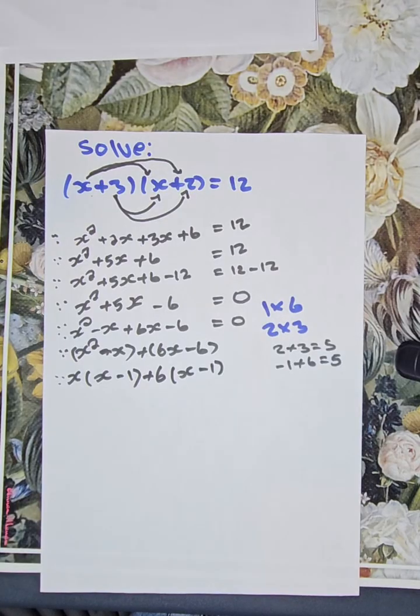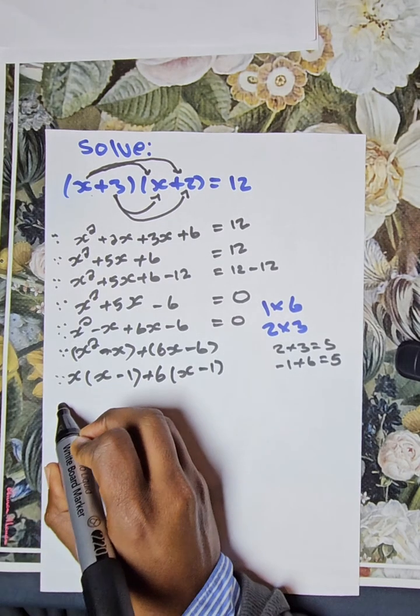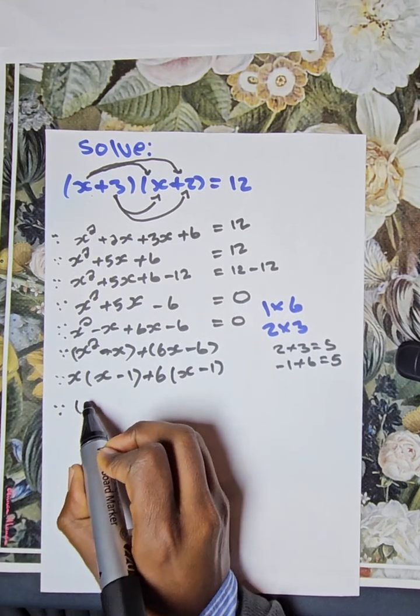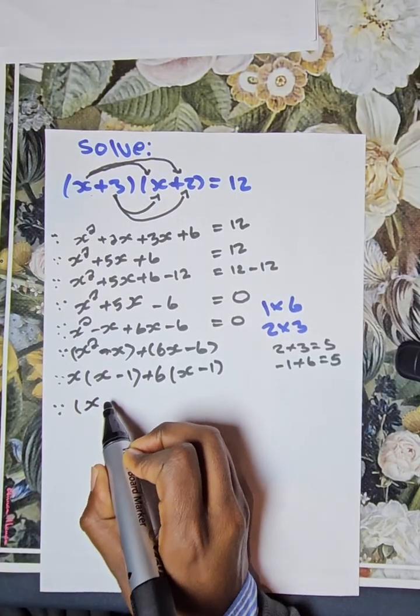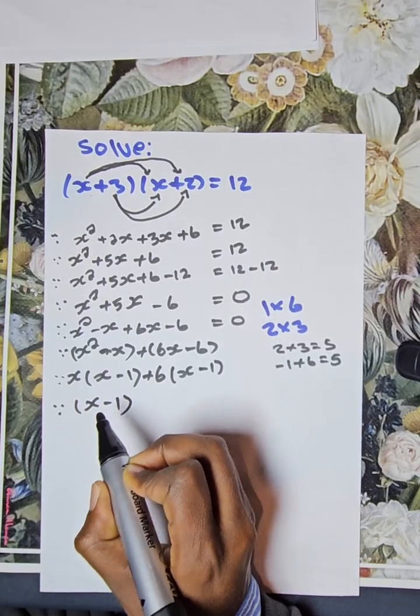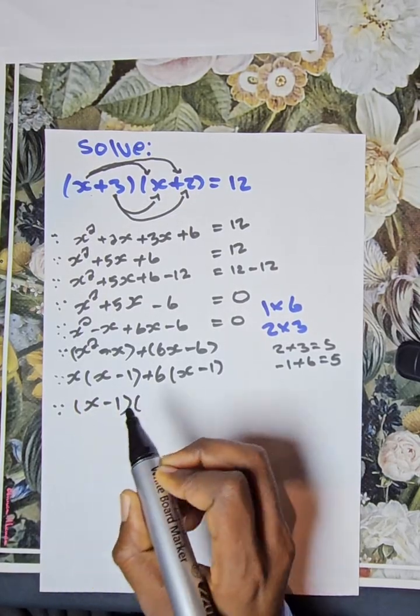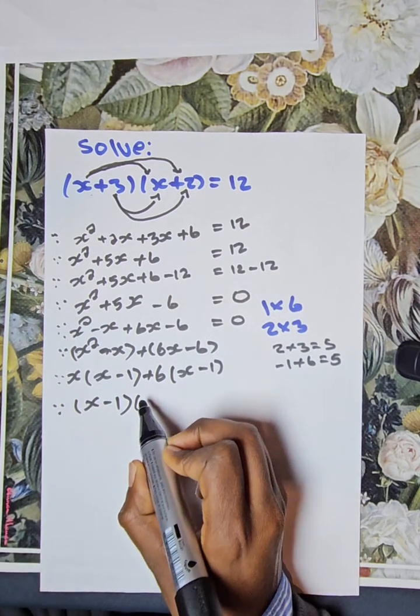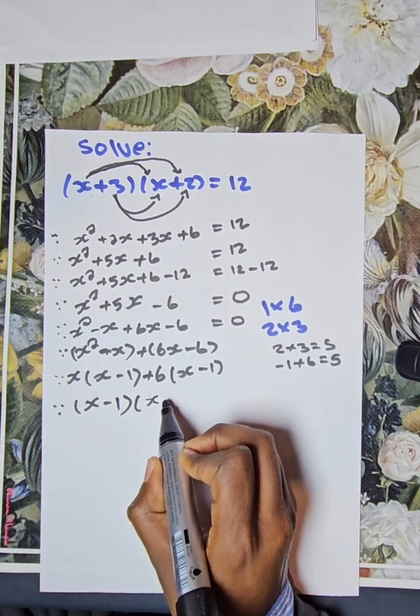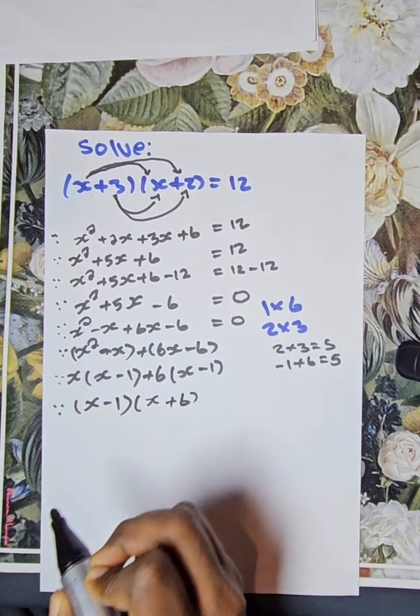Now we see we have identical brackets. Therefore, let's take out the common bracket x minus 1 as a common factor, and then bring down the factors that we took out, which is x plus 6.